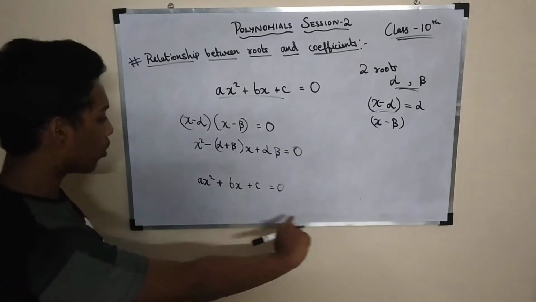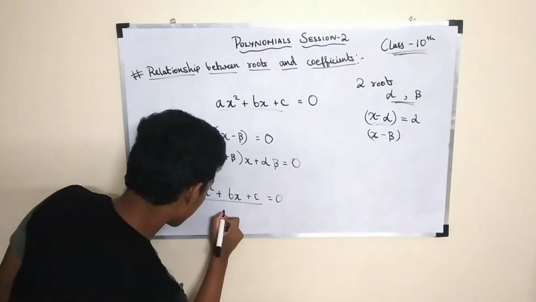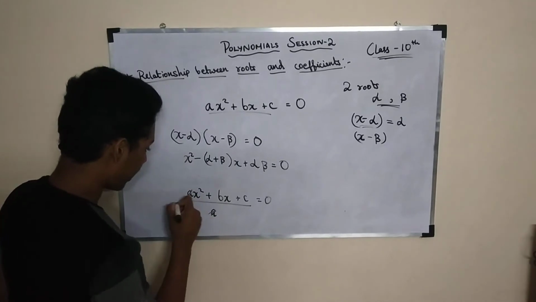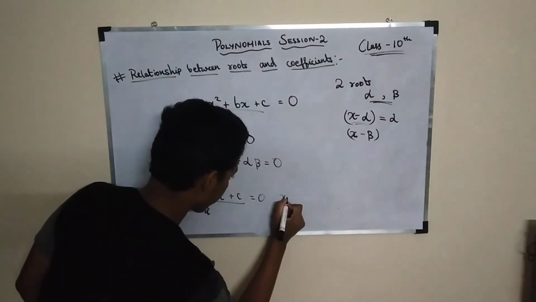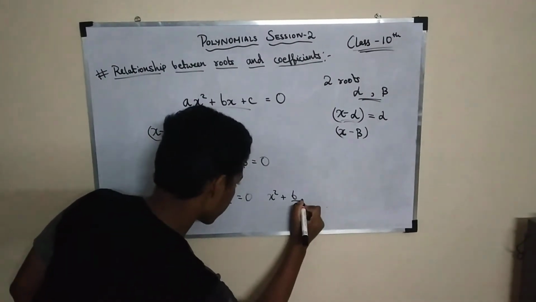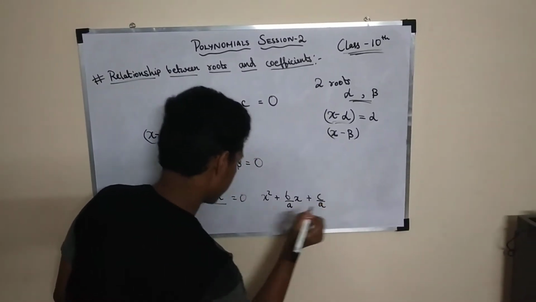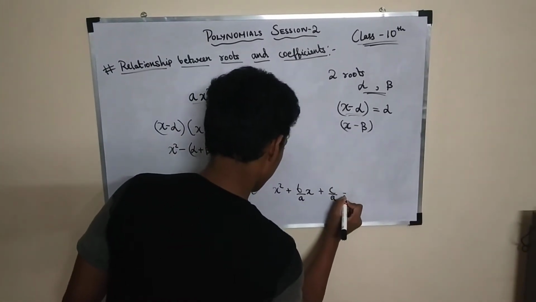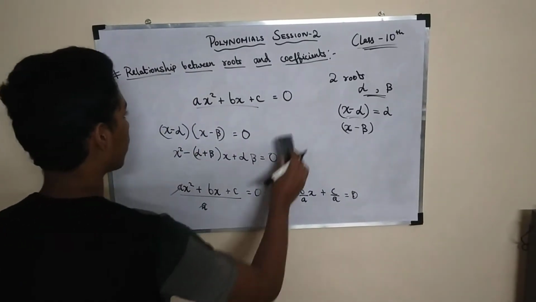So let's divide this whole equation by a, because 0 by a gives 0. Nothing's wrong, the result won't change if you divide it by a. So a gets cancelled, here x square plus b by a x plus c by a will result in 0, same thing, because 0 by a is 0.